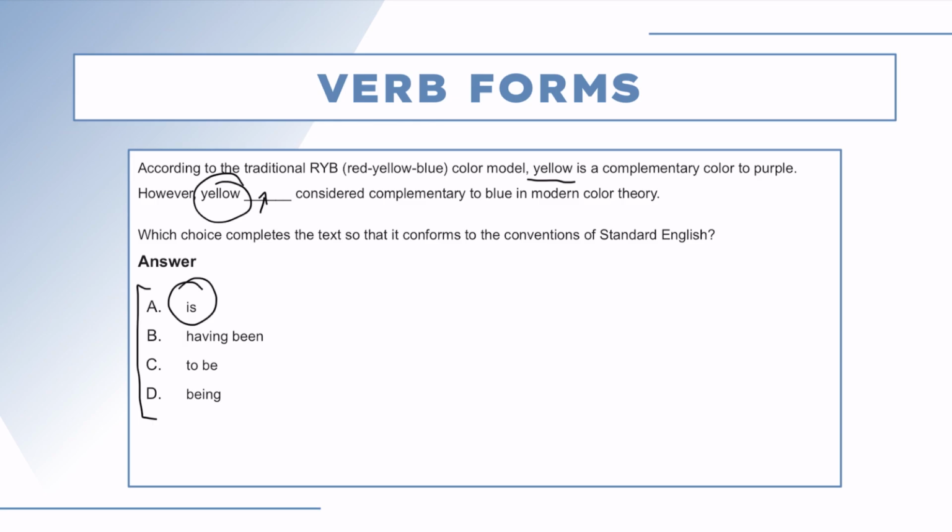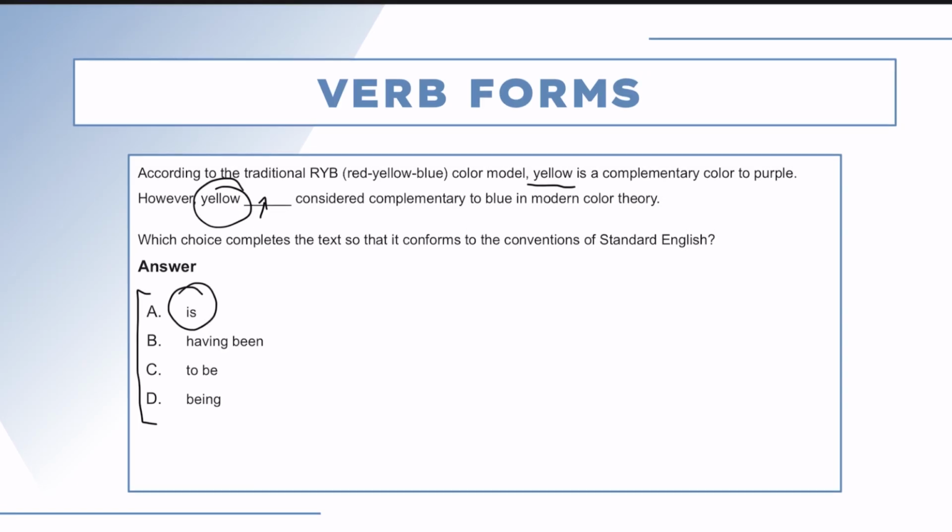So the answer choice that supplies the present tense verb is considered indicates that yellow is considered a complementary color to blue in modern color theory. So that is why answer choice A is the right answer, because plugging in the other ones is also going to help you eliminate.